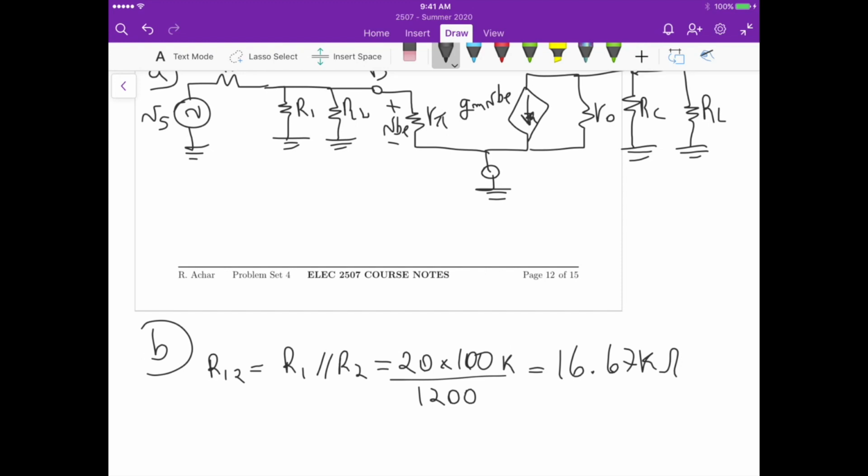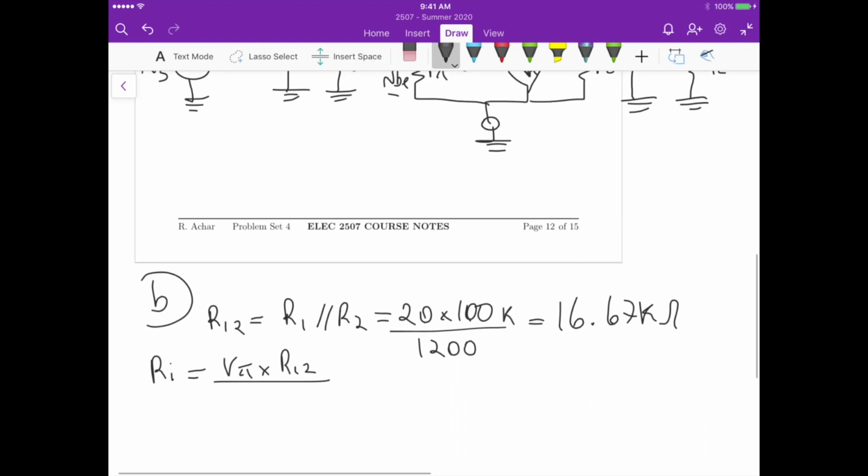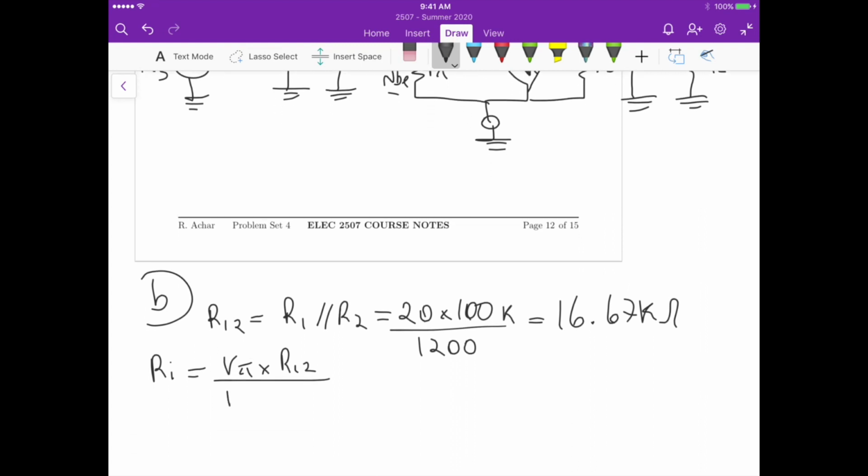Now we know from the statement of the problem that the input resistance Ri is R pi times R12 divided by R12 plus R pi, right? We know the value of Ri, so we can determine R pi.